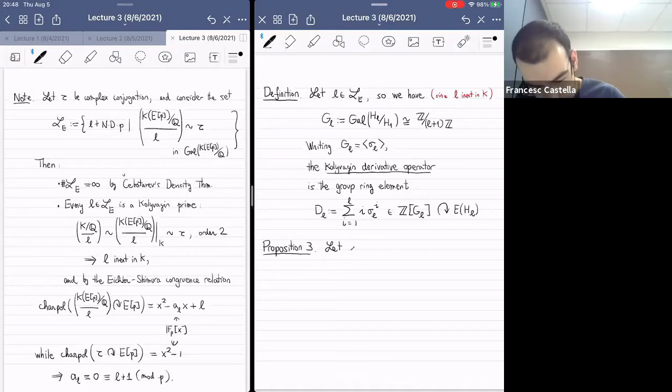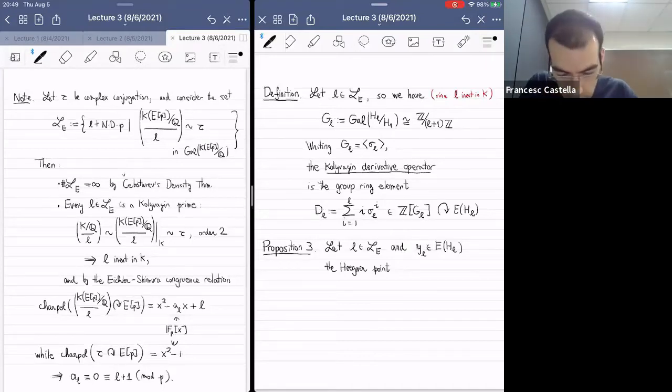So let's pick now L, one of these primes, Kolyvagin primes, and y_L, the Heegner point of conductor L. Yes, I think one reason why it has this name is because formally it looks like a derivative.